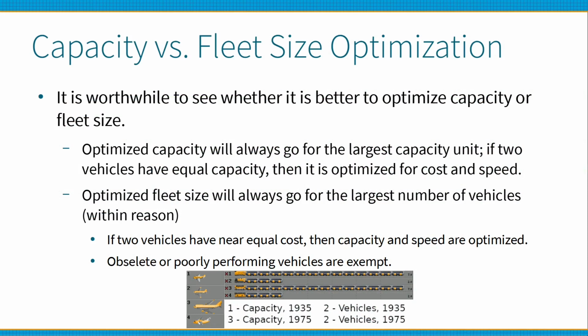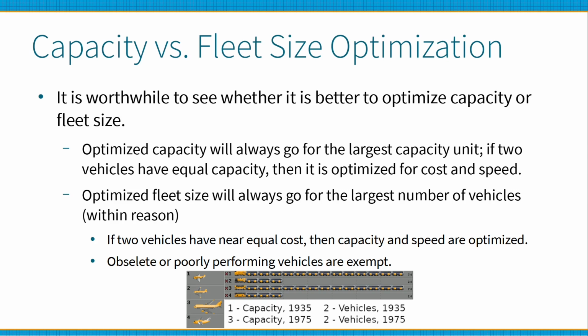So here are the vehicles which we are using, and we've really got 4 major categories. We have 1935 for both optimized capacity and optimized fleet size, and the same for 1975. The reason for doing this is because with optimized capacity, we want to basically get as many cars on a train as possible, or use the largest plane.